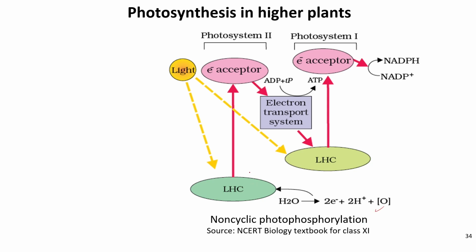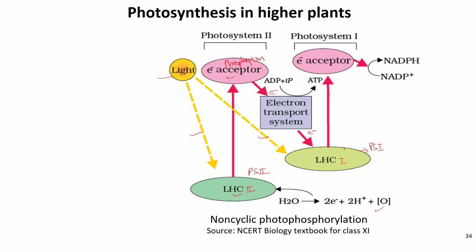Here you can see this is photosystem 2, which contains light harvesting complex 2, and here is LHC1, and this is photosystem 1. Both of these photosystems absorb light and get excited. Here the primary electron receptor is pheophytin. Then electrons move downhill. Photosystem 1 again gets excited.